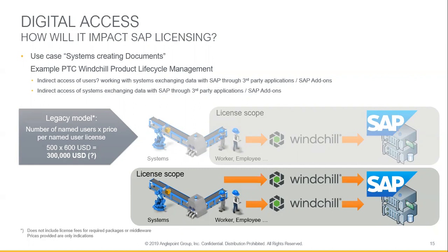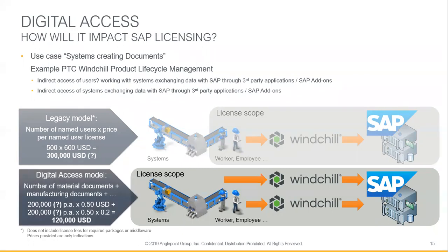Regardless, and I just mentioned those smart meters, there may be scenarios where you cannot have that direct connection between a sensor, a robot, what have you, and a human being, someone that can actually receive a named user license. And in those scenarios, definitely SAP would expect you also to look into the digital access licensing.